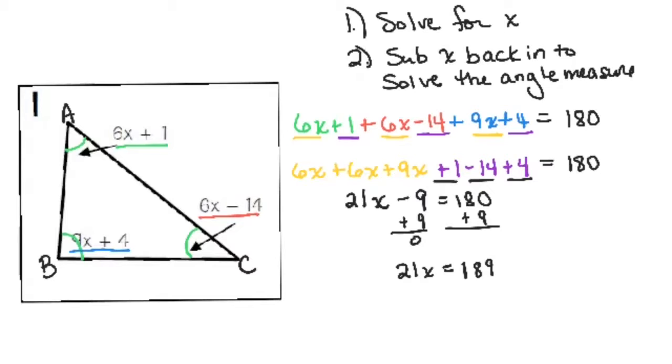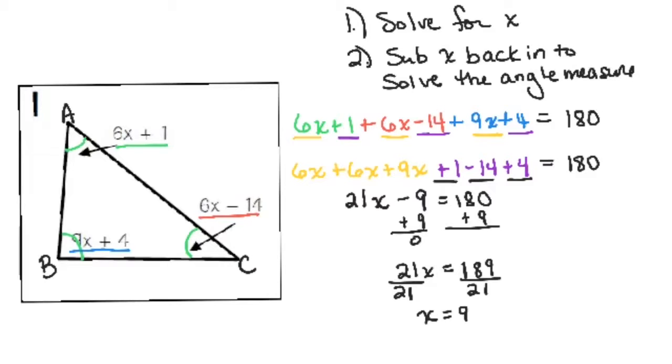So what we're doing is we're taking 189 and we're going to break it into 21 groups. How much goes in each group? That's division. 21 times some unknown number will be 189. And the answer is 9. X is equal to 9.